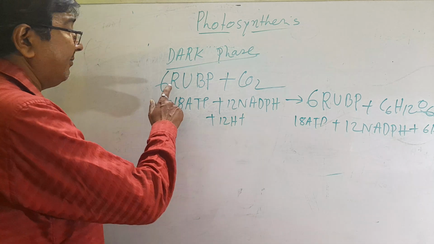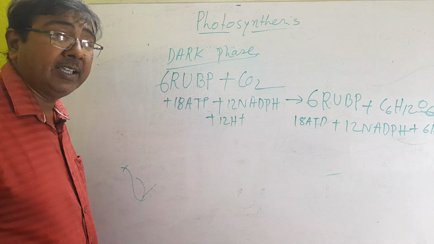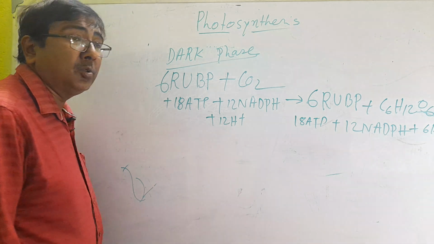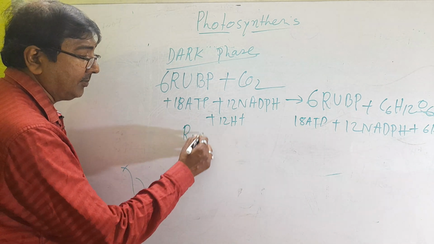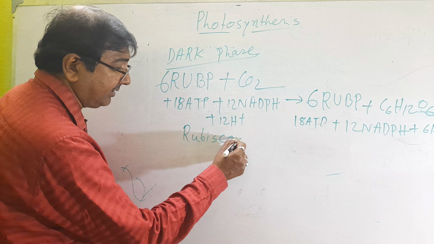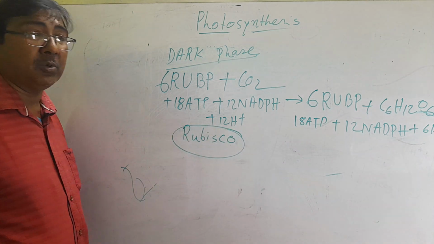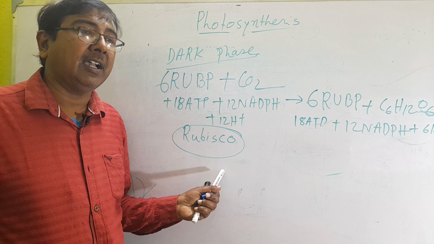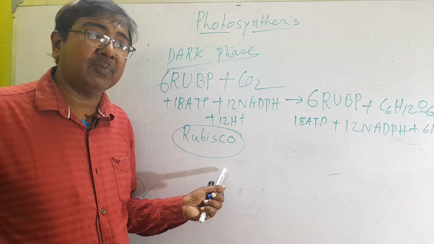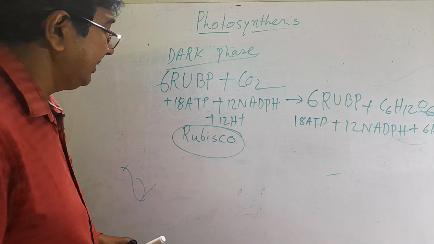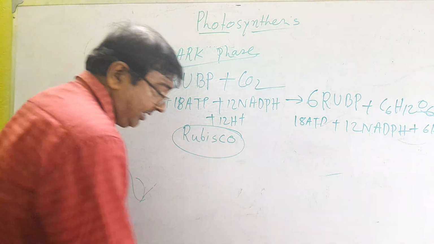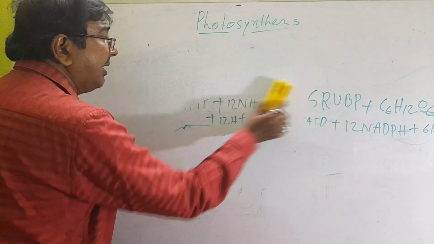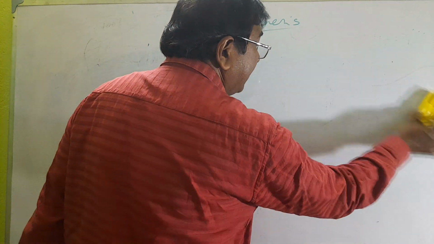The full form of RUBP is very important: ribulose bisphosphate. The enzyme is Rubisco, whose full form is ribulose bisphosphate carboxylase. This is a very important enzyme for photosynthesis. That's about the mechanism of photosynthesis.